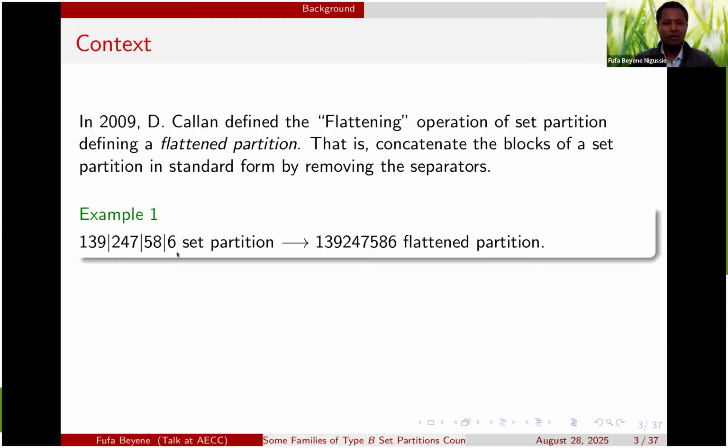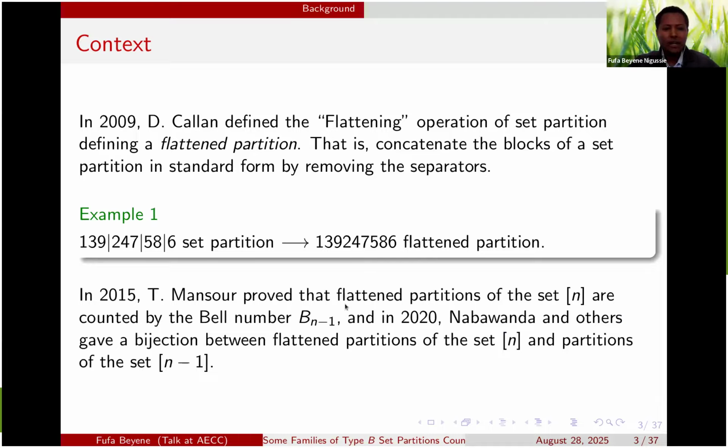Flattening means you first write the set partition in standard form, meaning that your blocks are arranged in such a way that the minimal elements are in increasing order. So we have 1, 2, 5, 6, the minima are in increasing order. And when we remove the separators here, we will get this kind of permutation. And we call this a flattened partition.